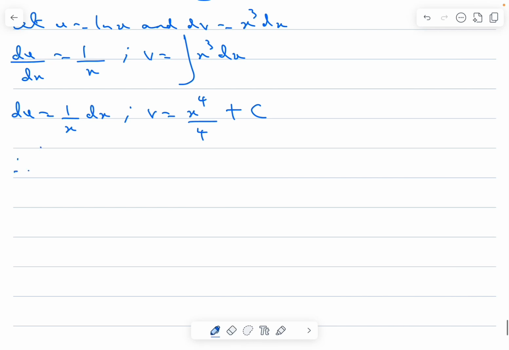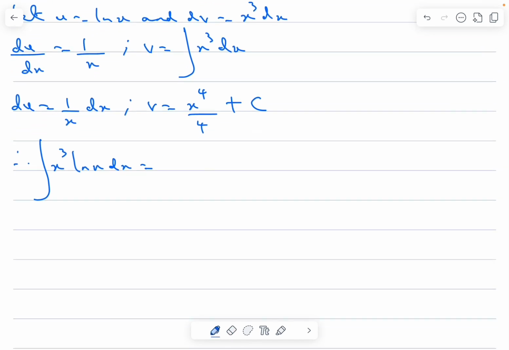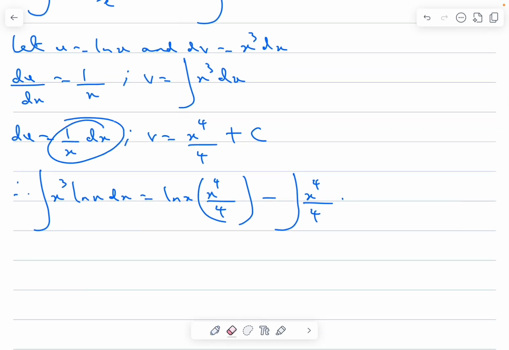Now that therefore means that the integral of x cubed ln x with respect to x is equal to uv, which is ln x times v, which is x raised to the power 4 over 4, minus the integral of v du. v is x raised to the power 4 over 4, and du is 1 over x dx.